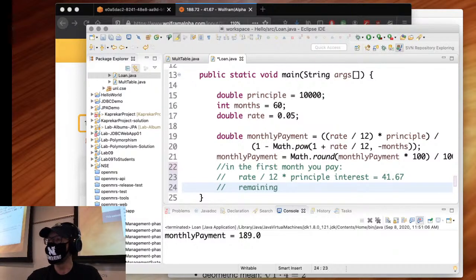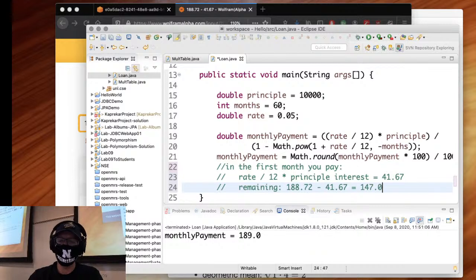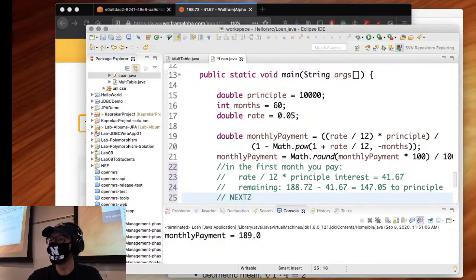Then the remaining, which is $188.72, minus $41.67 equals, and that was 147.05 to principal. Right. Then the next month, your principal or balance is updated. You've paid $147.05 off that loan.